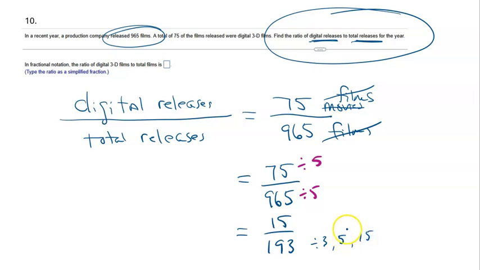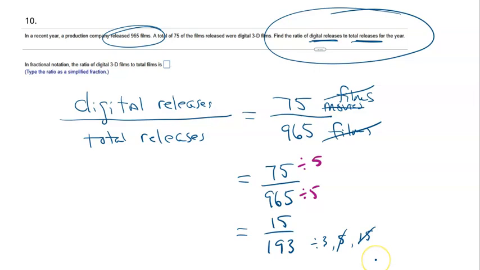Now, I know it's not going to divide by 5, because 193 ends in a 3, and numbers divisible by 5 always end in a 0 or 5. Well, it's going to be the same case for 15. It's not going to divide into 193 because it's also divisible by 5, so the same story applies there.